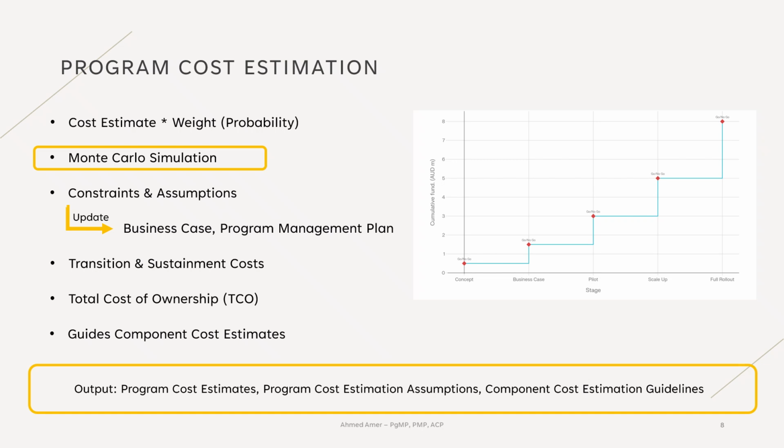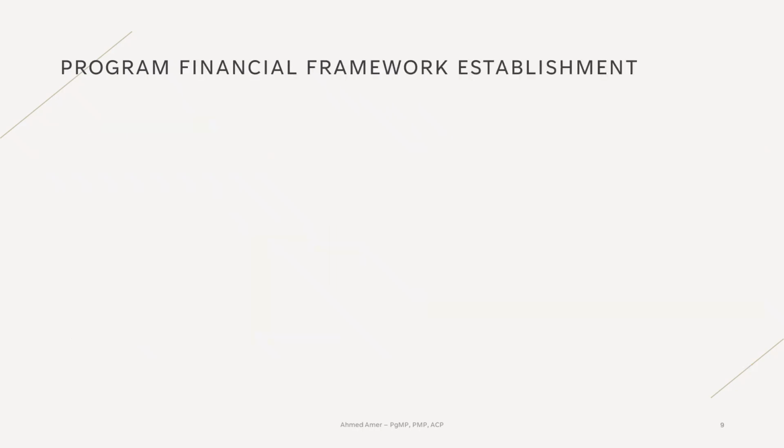So instead of a single best guess number, we define ranges for each cost factor, such as optimistic, most likely, and pessimistic values with probability distributions. The software then simulates the full project 1000 times or more, randomly picking values from those ranges each time to generate a distribution of possible total costs.